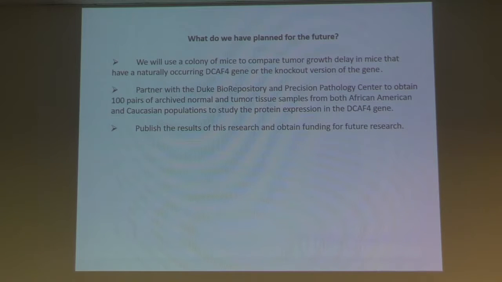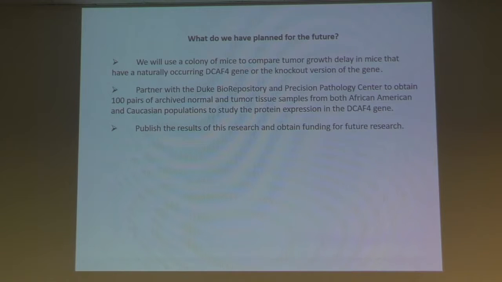And so what's coming up? What we're going to do next is use a colony of mice to look at tumor growth delay when we compare a naturally occurring DCAF4 gene to the knockout version of the gene.